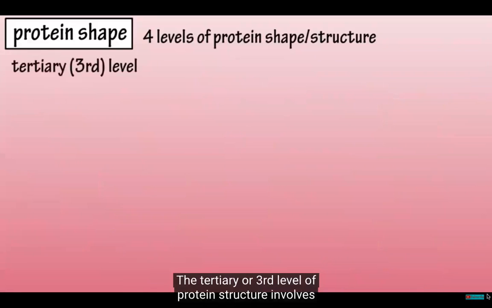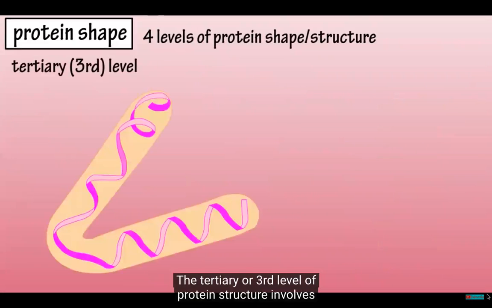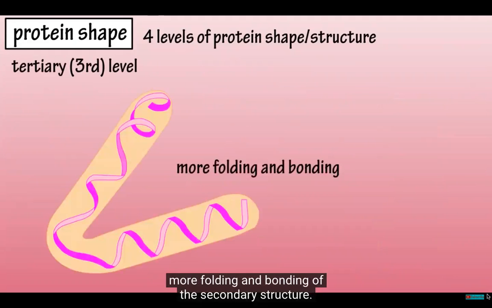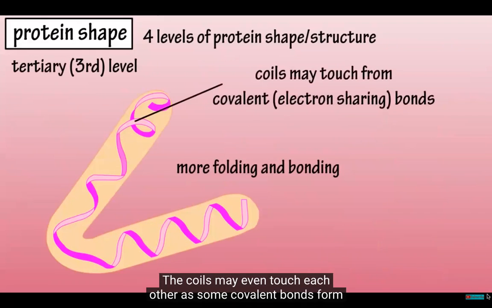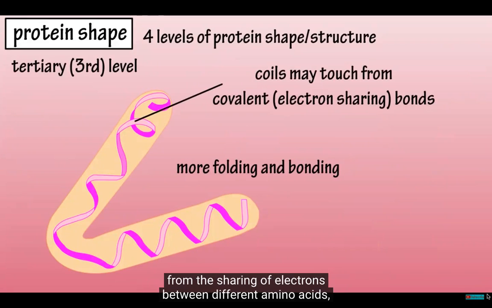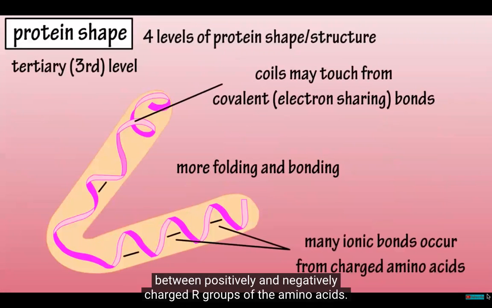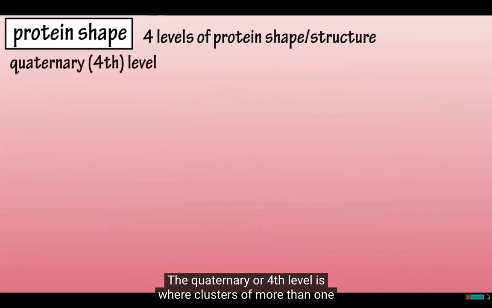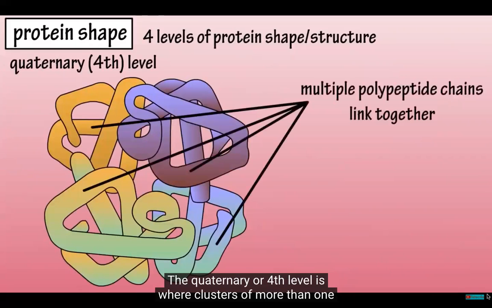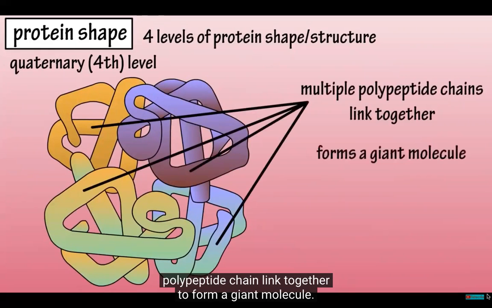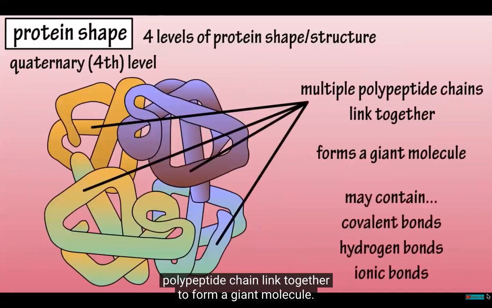The tertiary or third level of protein structure involves more folding and bonding of the secondary structure. The coils may even touch each other as some covalent bonds form from the sharing of electrons between different amino acids. But most of these twists and folds occur from the result of ionic bonds between positively and negatively charged R groups of the amino acids. The quaternary or fourth level is where clusters of more than one polypeptide chain link together to form a giant molecule. Many different types of bonds may be formed within this structure.